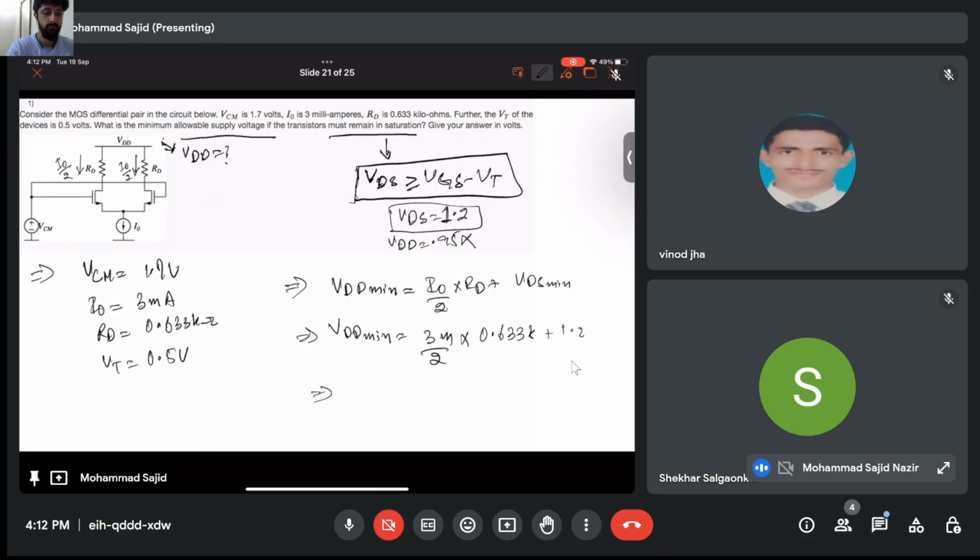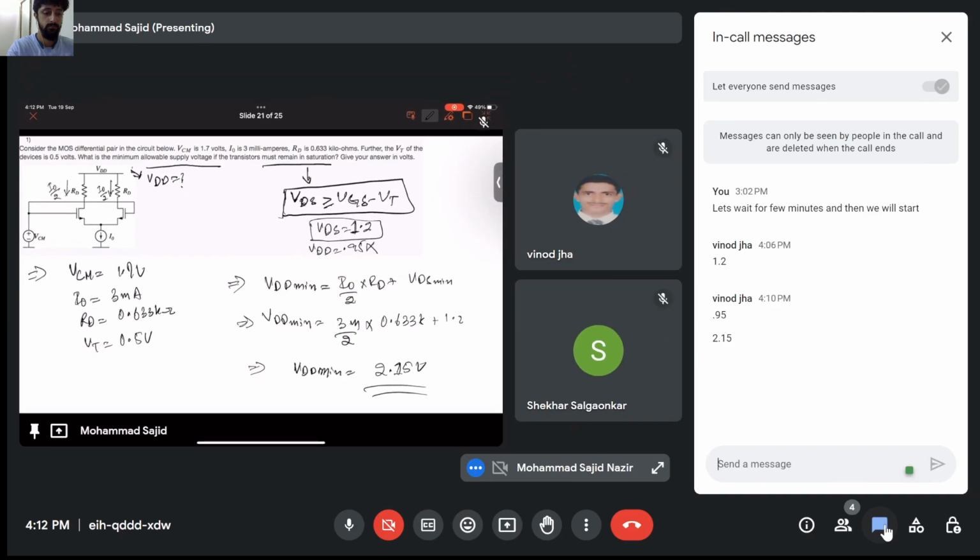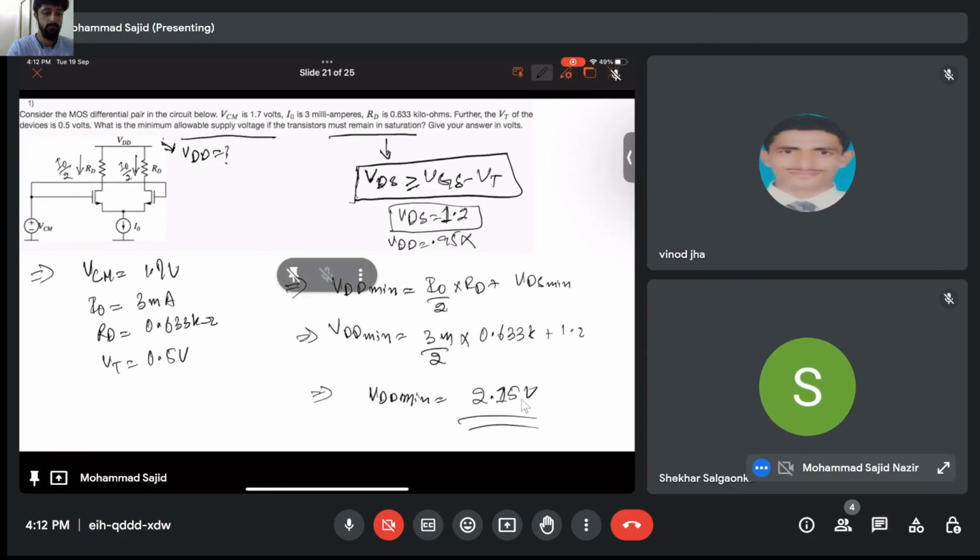That comes out to be a value similar to yours, that is 2.15. Okay, so this is clear.